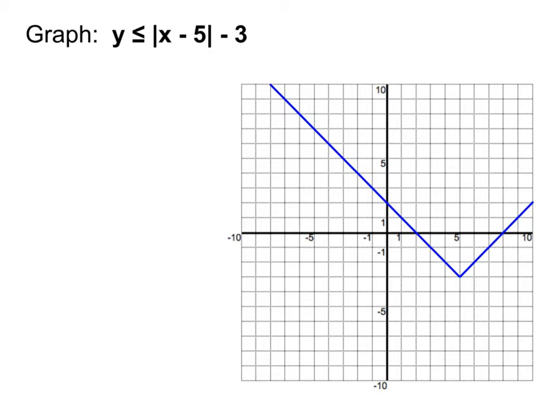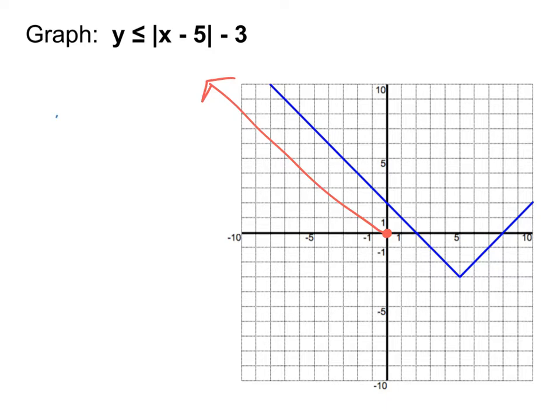So if I knew one point either worked or didn't work, I could know that everything else on the same side was the same. So let's actually just try a point. And I'm going to try a nice little easy point. I'm just going to grab the point right here at 0, 0, because it seems like a nice, easy number to try out here. So I'm going to take that coordinate pair, and I'm going to plug it in there into my inequality.